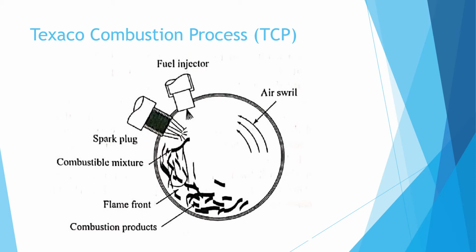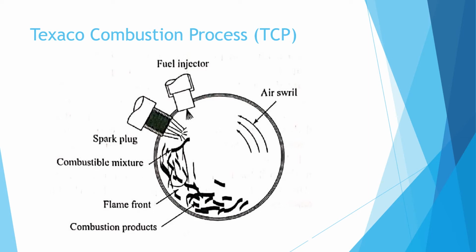This enables the entire air to be impregnated by fuel. The ignition source, which may be a glow plug or a spark plug, is positioned directly downstream and close to the injector. The spark plug is situated within the swirling air but is outside the spray envelope.